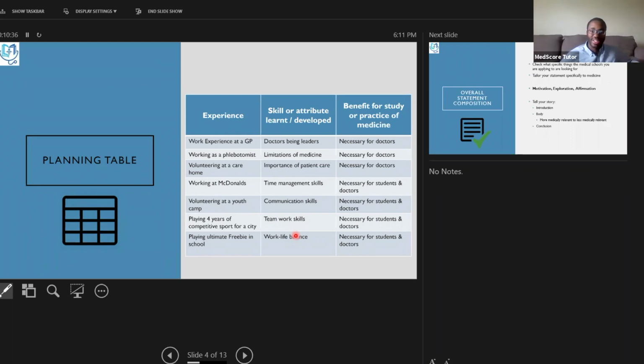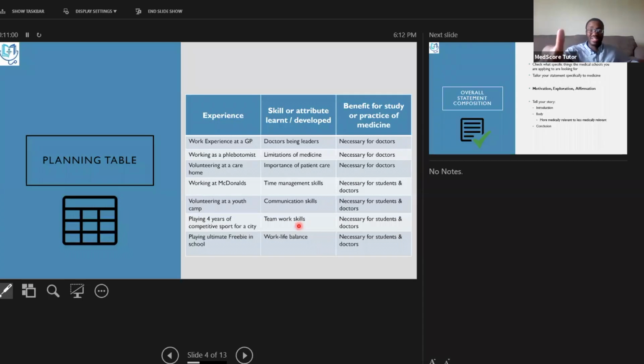So things like communication skills, time management skills, teamwork skills, but also look at the specific website of whatever medical school you're applying to. I'm assuming a lot of you are applying to Leeds, or most of you, or all of you even. So you want to go to Leeds admissions, their admissions for medical school, and look at the things they're looking for.